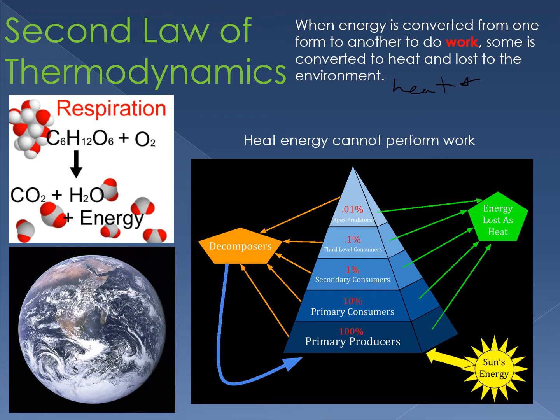Heat is unusable and it is chaotic, it is random, and things in the universe, we're going to talk about entropy in a moment. But anyway, heat is a very disorganized form of energy.